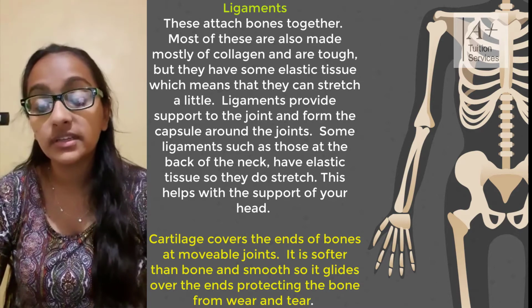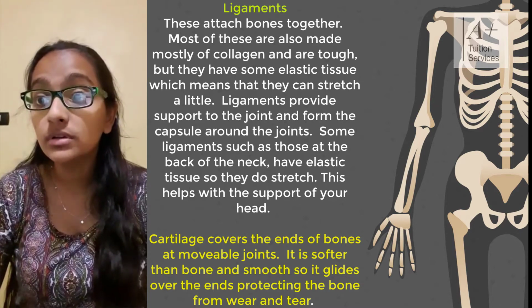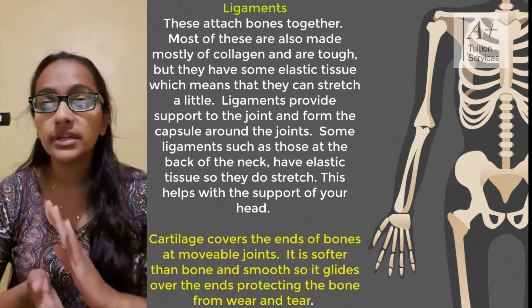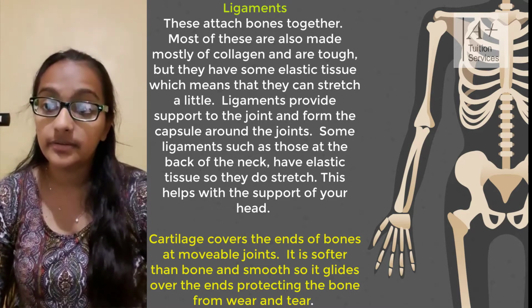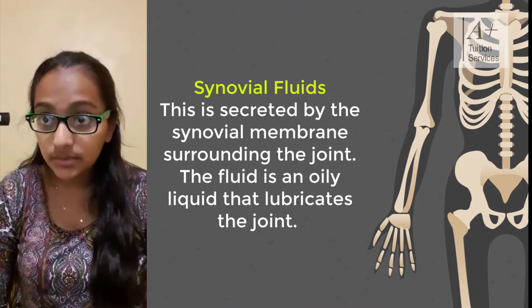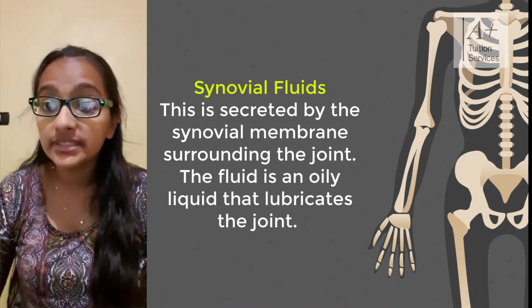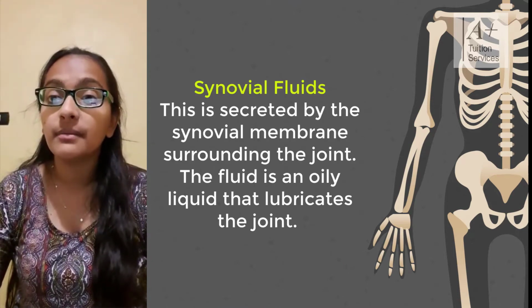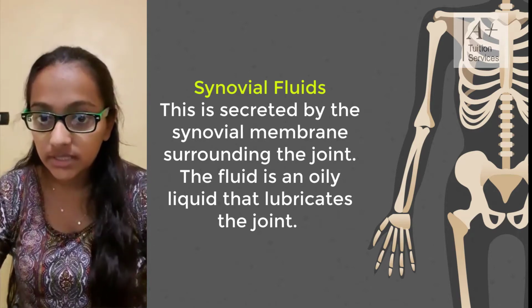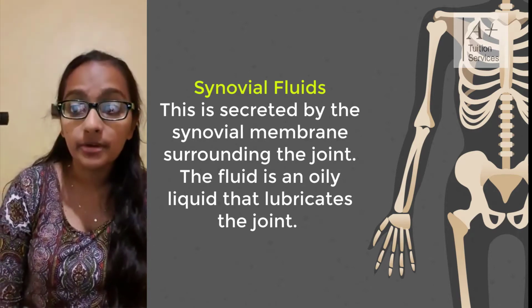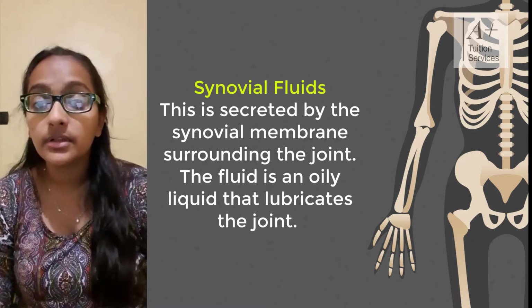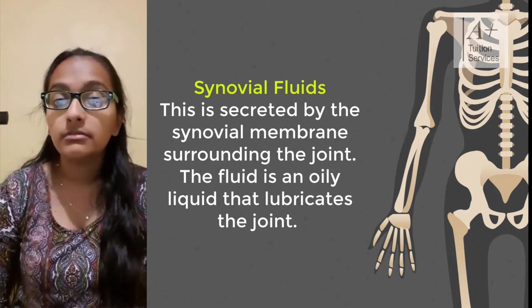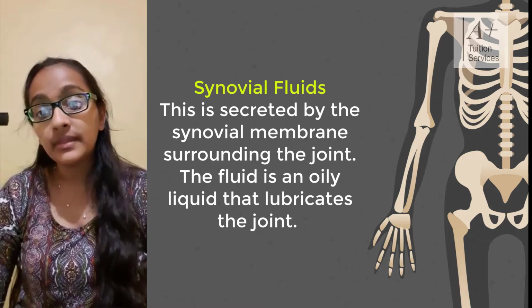It is softer than the bone and smooth, so it allows the bone to glide over the ends, protecting the bone from wear and tear. Synovial fluid is secreted by the synovial membrane surrounding the joint. So this synovial membrane produces synovial fluid, which is an oily liquid lubricating the joint, reducing friction.